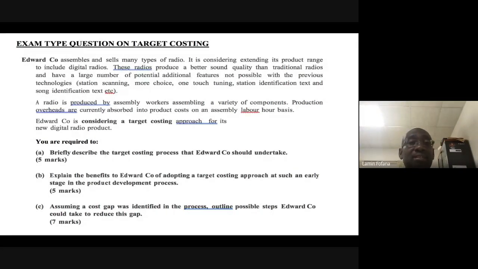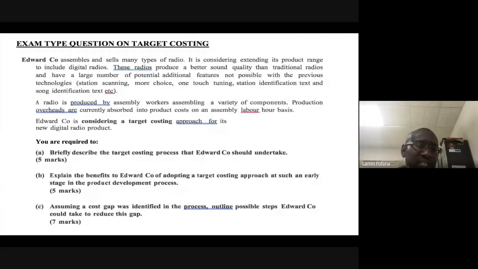We could use it. It's really important that you understand the concept, and the only way you can use it is when you understand the concepts, not by memorizing them. When you understand them, that's when you can apply them, and it's going to be very useful for you as an accountant.